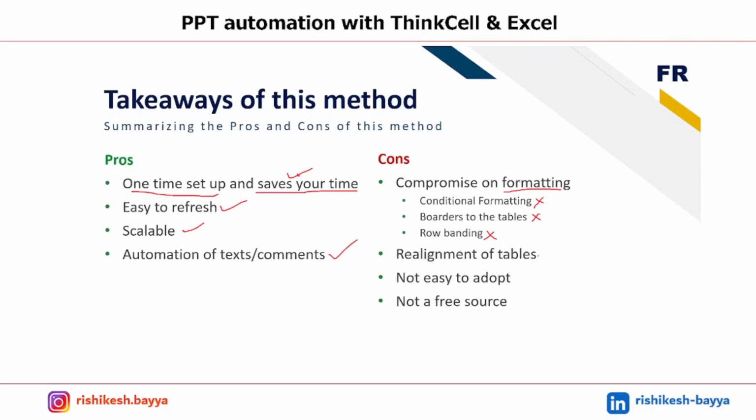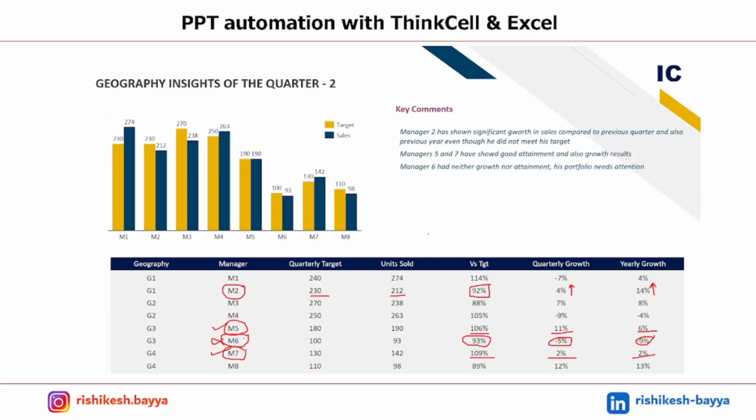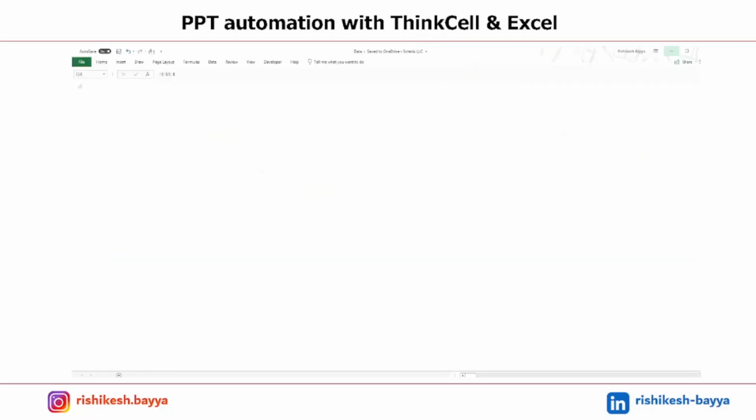What do I mean by this is, let's say the manager name is too big, or if there is no data for the manager, right? Let's say he has a big name, or sometimes the data is missing. So if the data is missing, this will show a blank cell, which will be a cell with white color. Let's see if we can do this actually.